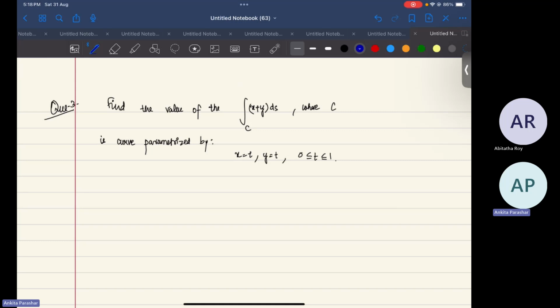And when you have ds, then it's a small area or small volume or small length, some small change, but it depends on where you are looking. Here, is it a small change of area, or of length, or of volume?